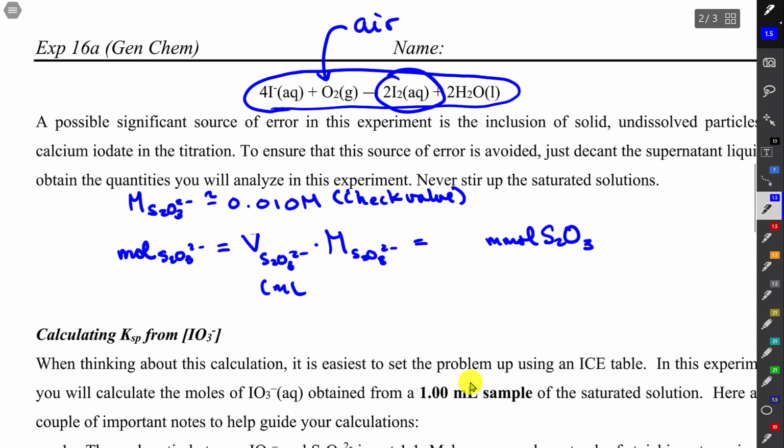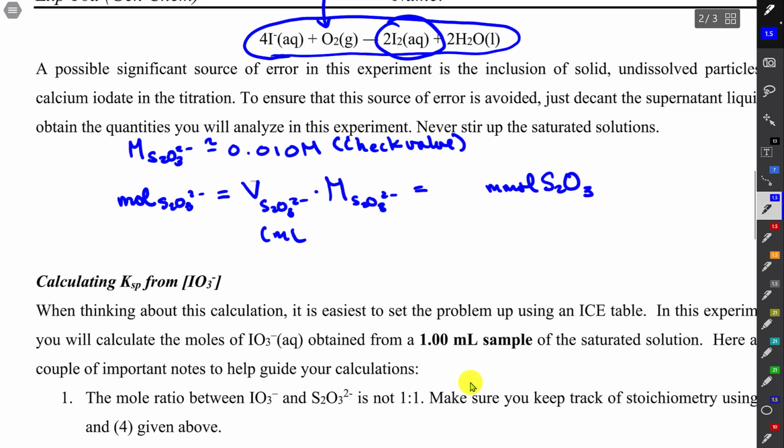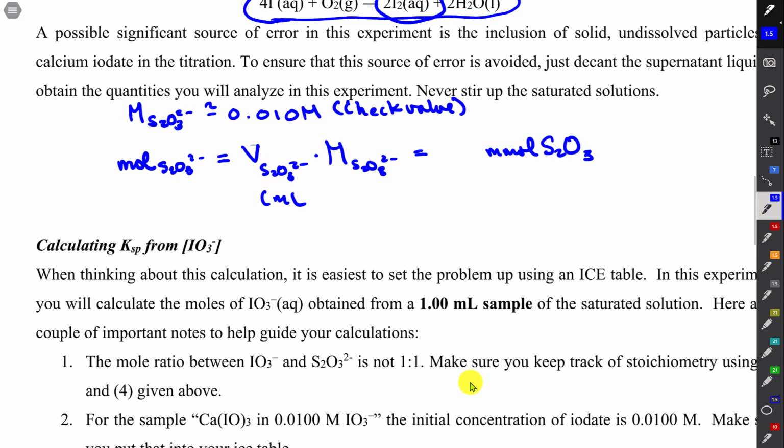And then we have to do a couple of stoichiometries to get over to the millimoles of iodate. So what we'll do is we'll start with our millimoles of thiosulfate. And then we need to do our mole conversion.